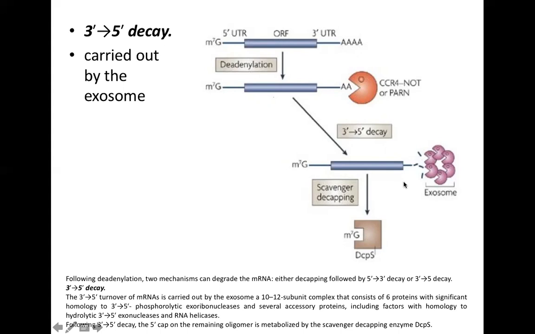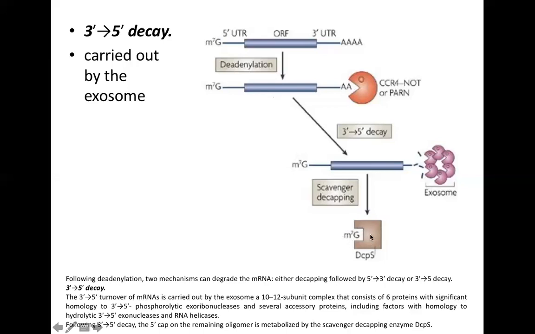After the mRNA molecule has been destroyed, we are left with a small oligonucleotide and the cap at the 5' end, and that is destroyed by another scavenger enzyme, known as DCPS. DCP stands for decapping enzyme, and S stands for scavenger. As you can see, this is the cap here, which is denoted.